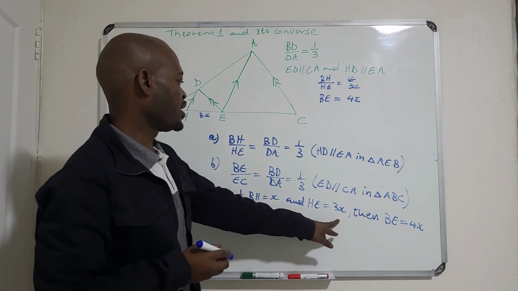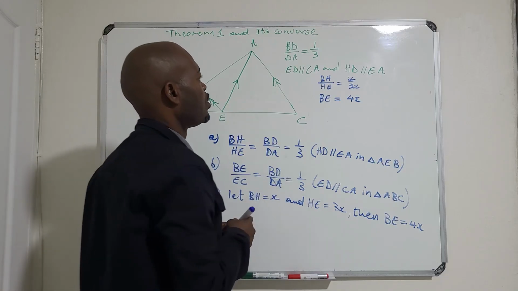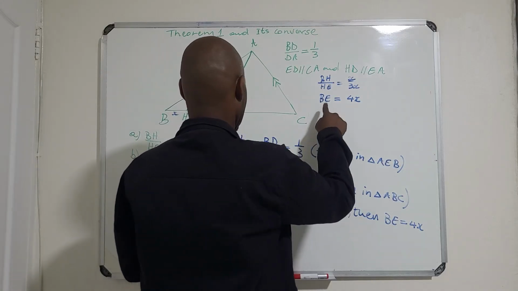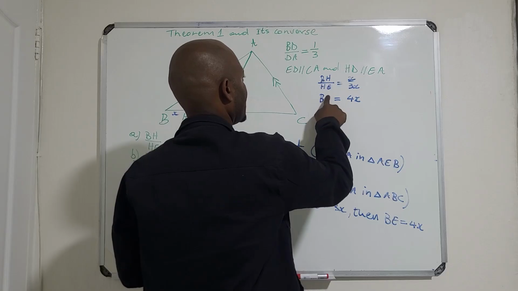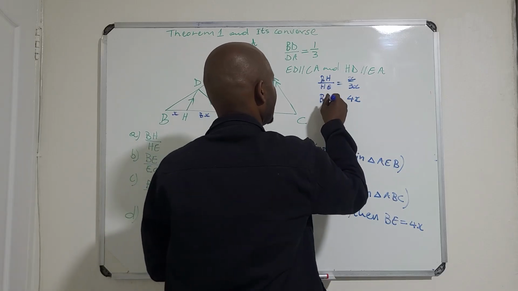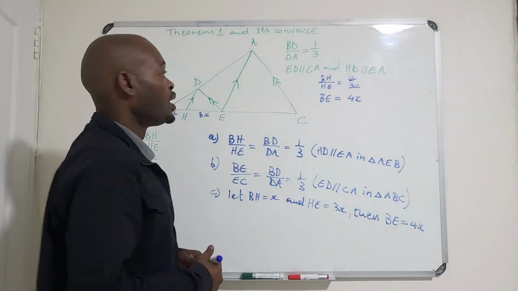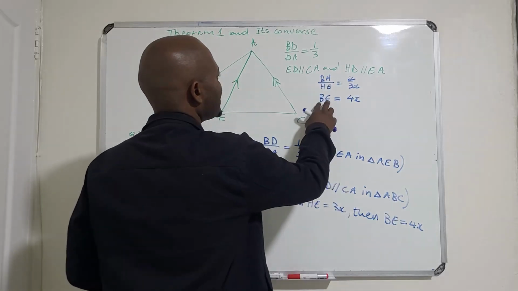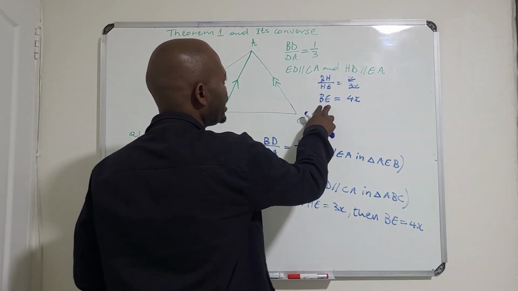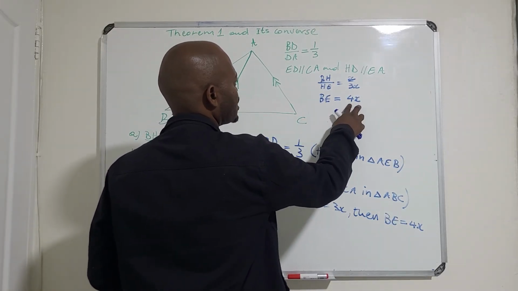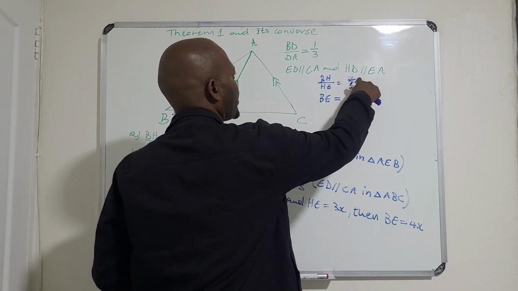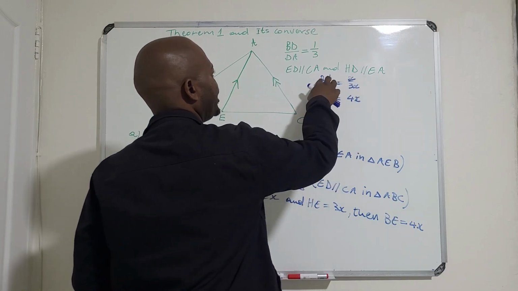Since BE is 4X, what have we done to BH?